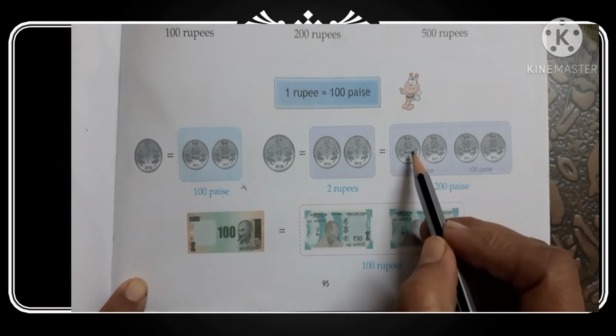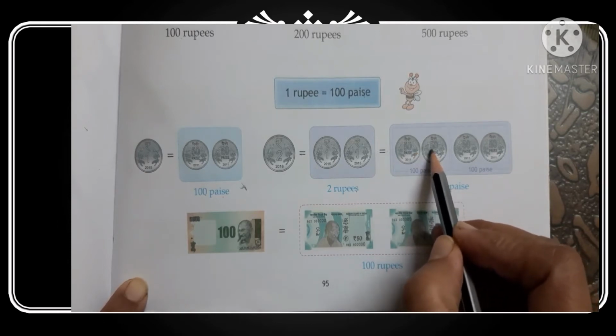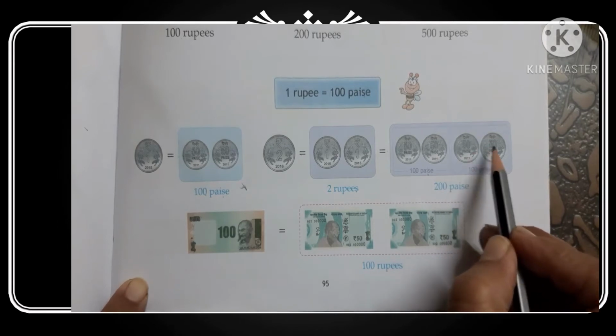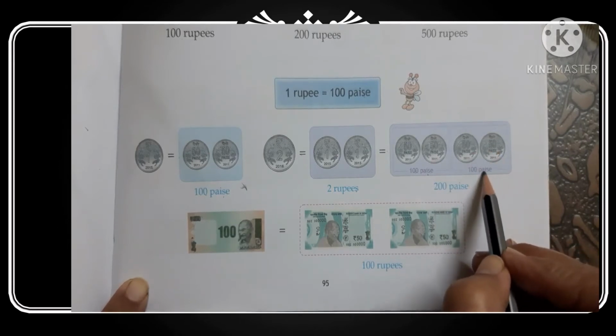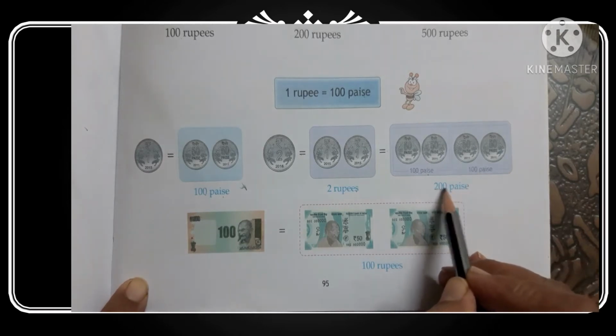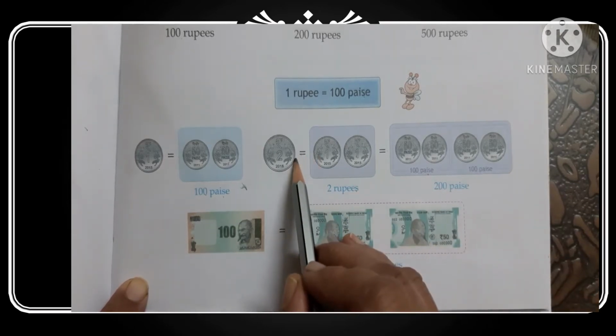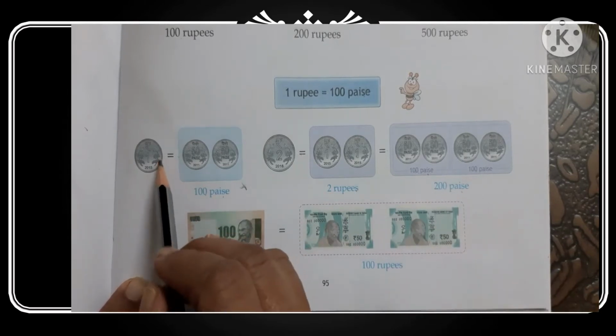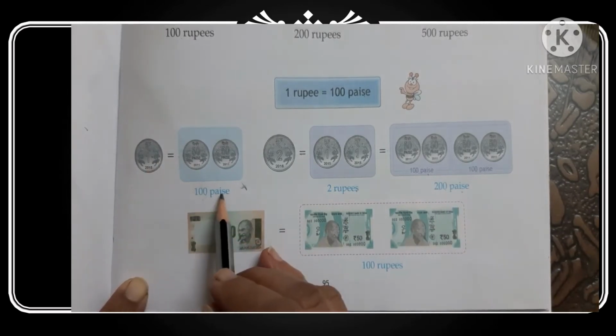Or 50 paise plus 50 paise, 100 paise, and 100 paise plus 100 paise, 200 paise. 2 rupees is equal to 200 paise. 1 rupee is equal to 100 paise.